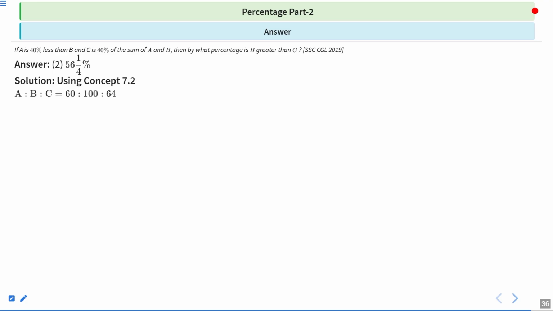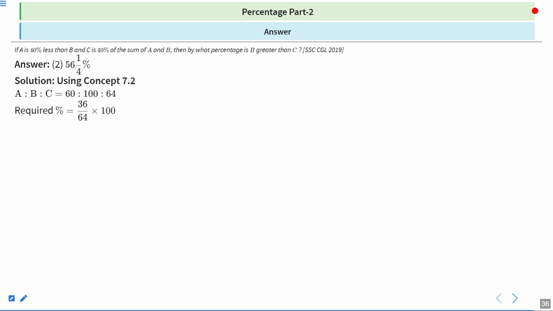A ratio B ratio C will become 60 ratio 100 ratio 64, because if we let B as 100, then A will be 60, and it is also given that C is 40% of the sum of A and B. So the sum of A and B will become 160. So we can calculate 40% of 160, which is equal to 64.